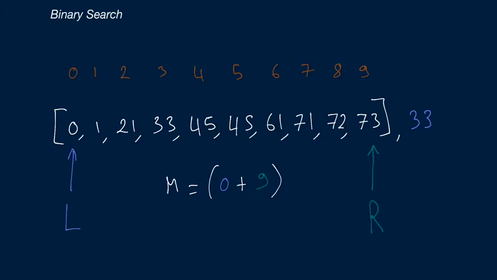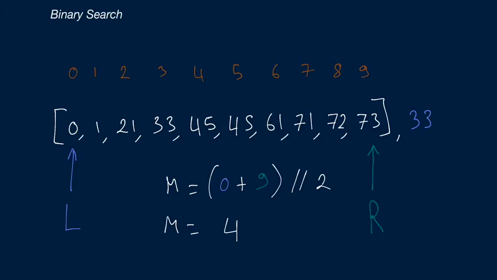I'll denote the action of rounding down the same way that we do it in Python 3, which is just 2 slashes. So 0 plus 9 divided by 2 rounded down. And so that's going to make our middle pointer be equal to 4. Okay, so we can put our middle pointer.